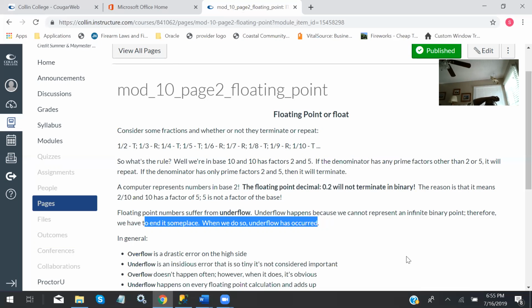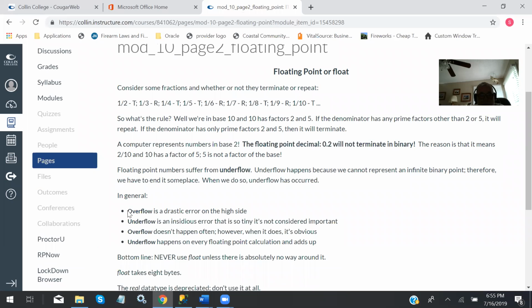Well, it is 0.33333333333, and where will I finally run out of patience of sitting here saying 3, and finally say, okay, that's close enough, and terminate it? I have introduced a tiny little error into that, and that is underflow. So I'm going to leave with this, and we're going to talk more about that.